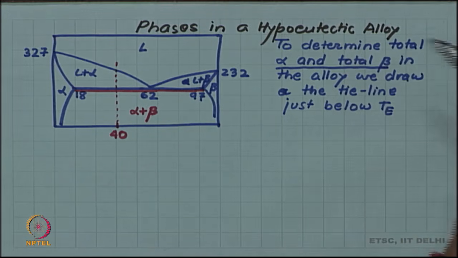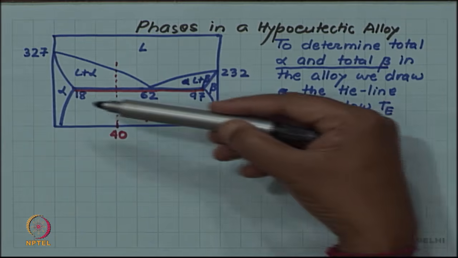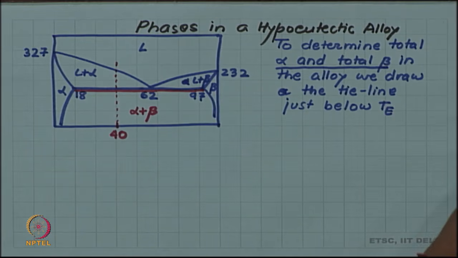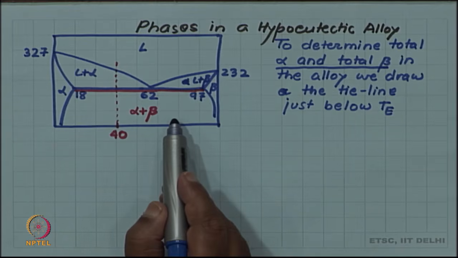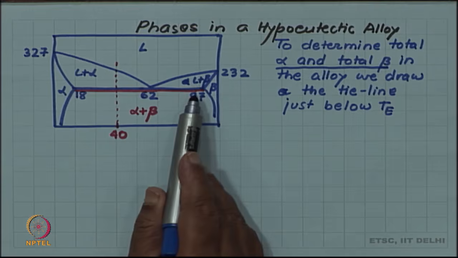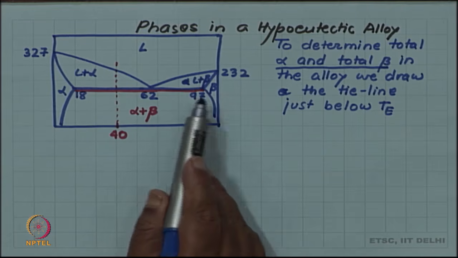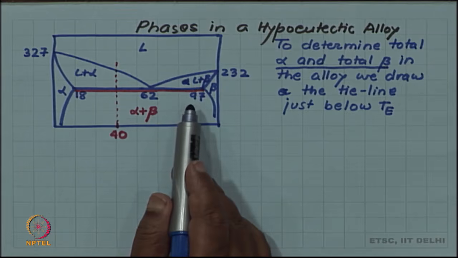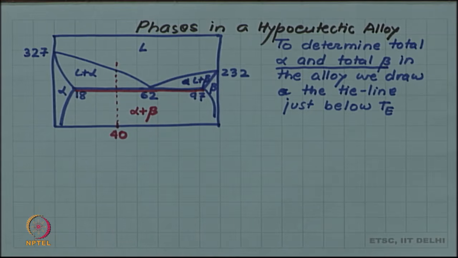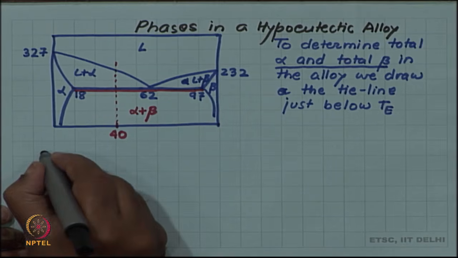Since we want total alpha and total beta, we have to take a tie line below the eutectic, because that is where we have alpha and beta, and this tie line does not distinguish between pro-eutectic alpha and eutectic alpha, it will give you total alpha.